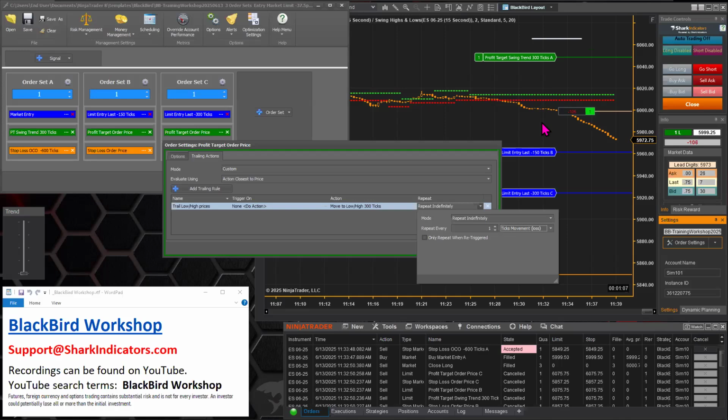Obviously, the larger the time frame on your chart, the fewer bars you're working with. If there are fewer bars it takes to reach your other entry orders, then you might want to switch to ticks of movement, or points of movement as well. Either way works.